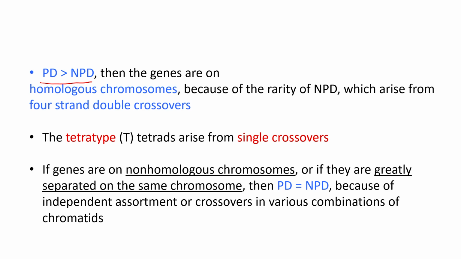So, that is what I have written here on this slide, that when parental ditypes are more than non-parental ditypes, then genes are on homologous chromosomes because of the rarity of non-parental ditypes, which actually arise from the 4-strand double crossovers. The tetratypes arise from single crossover.